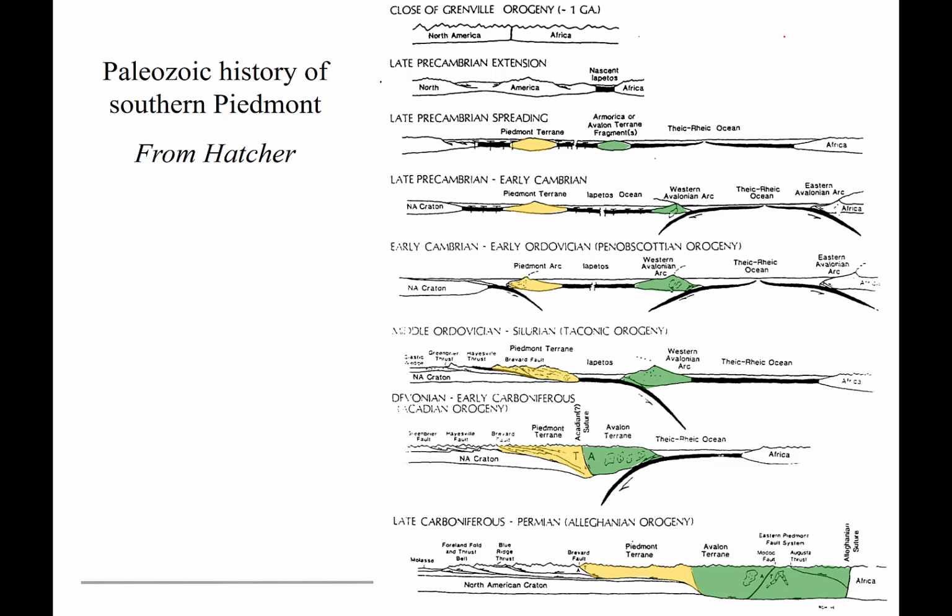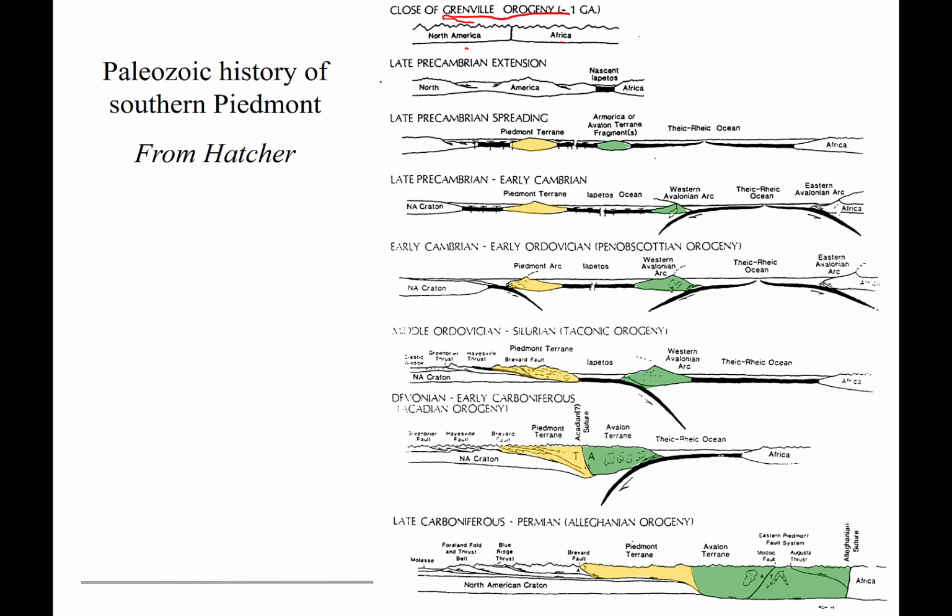So it starts here at the close of the Grenville orogeny up here at the top, where North America and Africa are together, and then in the late Precambrian there's tectonic extension and opening up of the Iapetus Sea, and then that continues through the late Precambrian and into the early Cambrian.